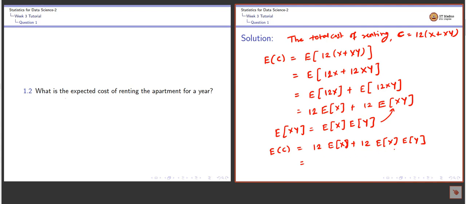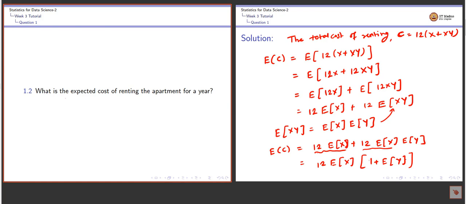Taking 12 times expectation of x common, it becomes 12 times expectation of x into (1 plus expectation of y).